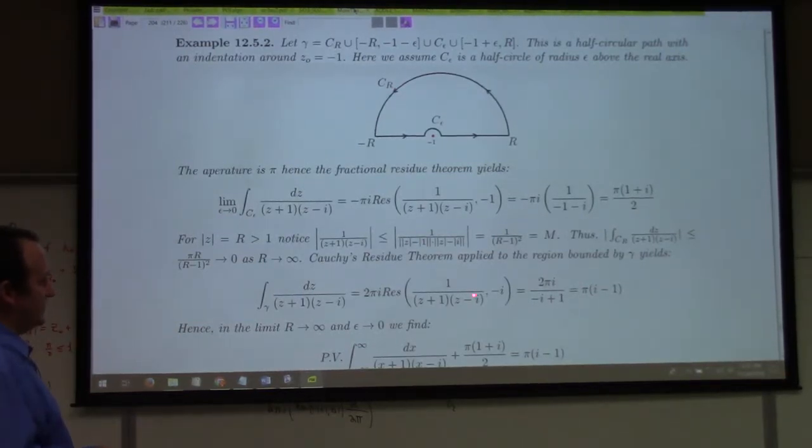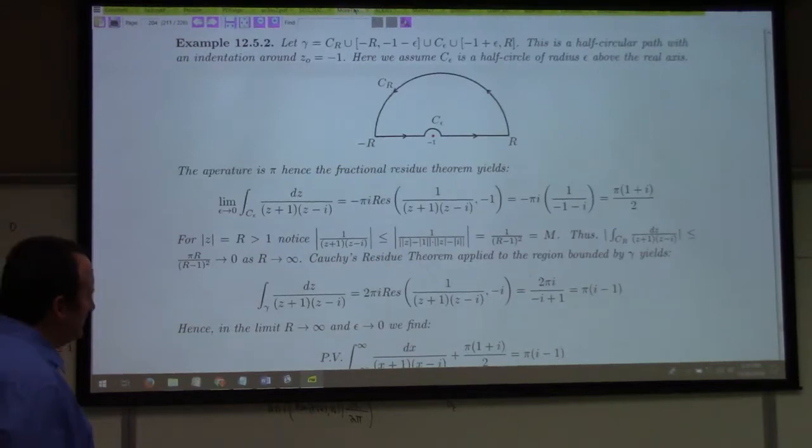One is from the interior residue at positive i. But on the other hand, where's my other piece? I think I failed to understand what gamma is here.